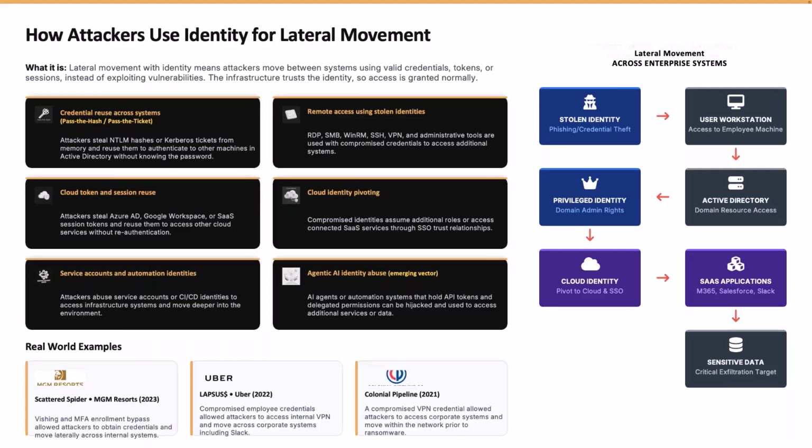I can reuse cloud or session tokens if I sniff them or I stole them. I can actually find human identities that are connected in some way. We'll see that with non-human identities, and these non-human identities, like service accounts and others, are very strong, and attackers are delegating or laterally moving from these human identities to non-human identities. I can use remote access tools.